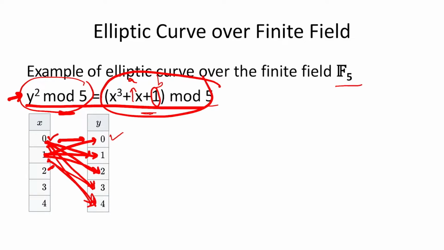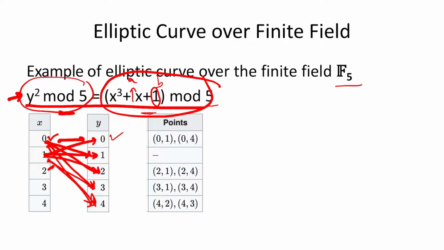But not all of them might be valid points on this elliptic curve over the finite field F5. So we have to find all the valid points by plugging them into this equation and checking which ones give us left hand side equal to right hand side. If you try that out, you'll see that the total number of valid points for this specific equation comes out to be these 8 points.